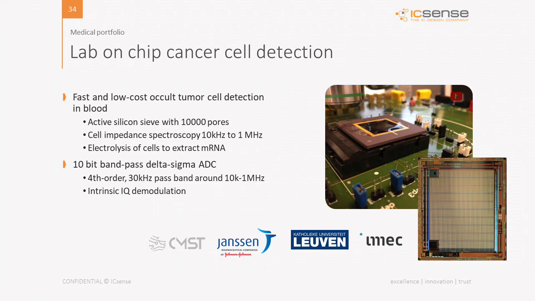We were using an active silicon sieve with more than 10,000 pores, and by doing so, we could measure the cell impedance. So we developed the impedance measurement readout, and by measuring the cell impedance, we could measure the actual number of cells that were put in the different pores.